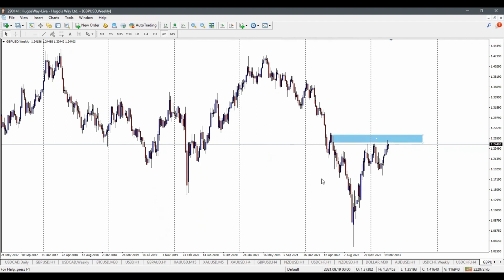To give a bit of history, in 2022 we had the lowest pound USD price in history. The previous lowest was in 1985, and we've had about 50 to 60 pips lower than that with this new movement in September 2022.